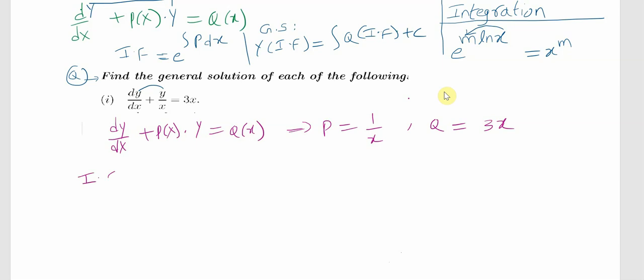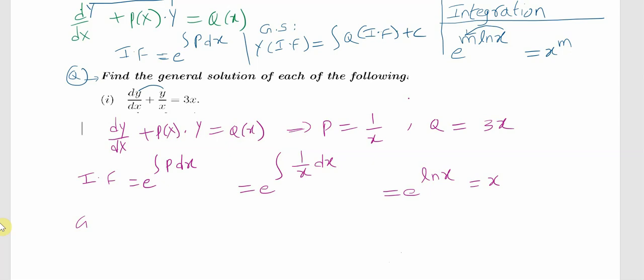I have IF equals e power integral p dx, and p is here 1 over x, so e power ln x, that is x. Next, the general solution: dy and y are there, so this is the rule, y times IF equals integral of q times IF plus c.